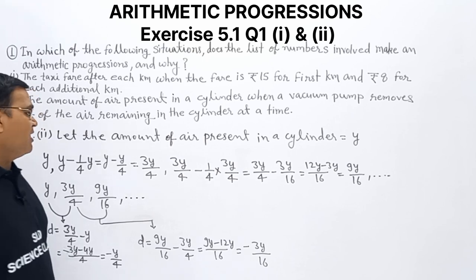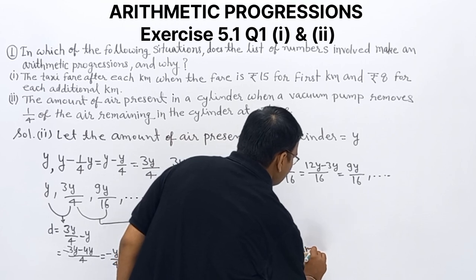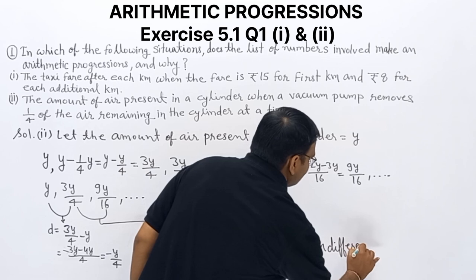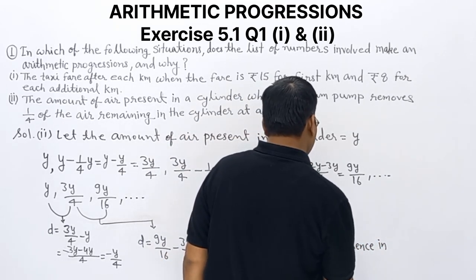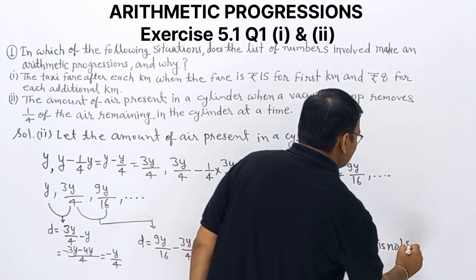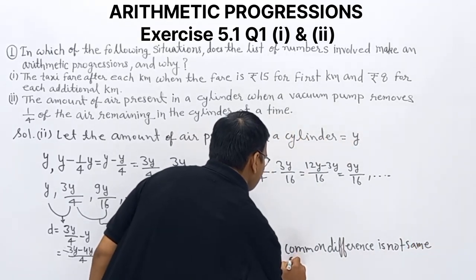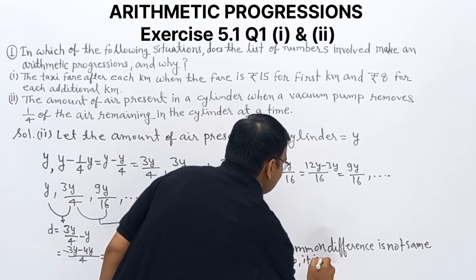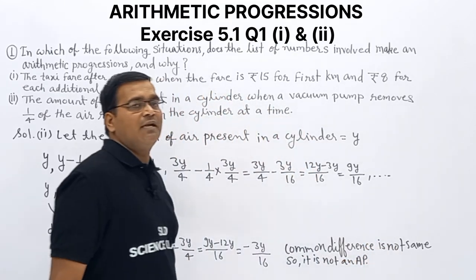The common difference is not the same, so it is not an AP. The given sequence is not an AP.